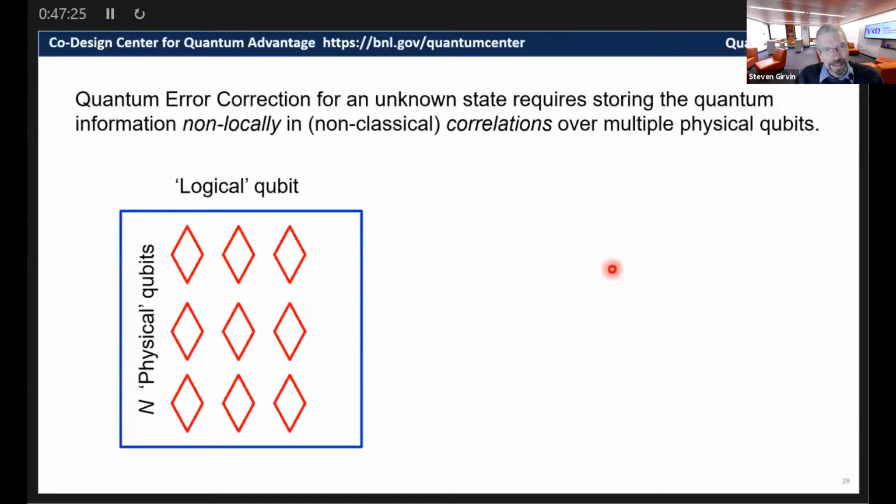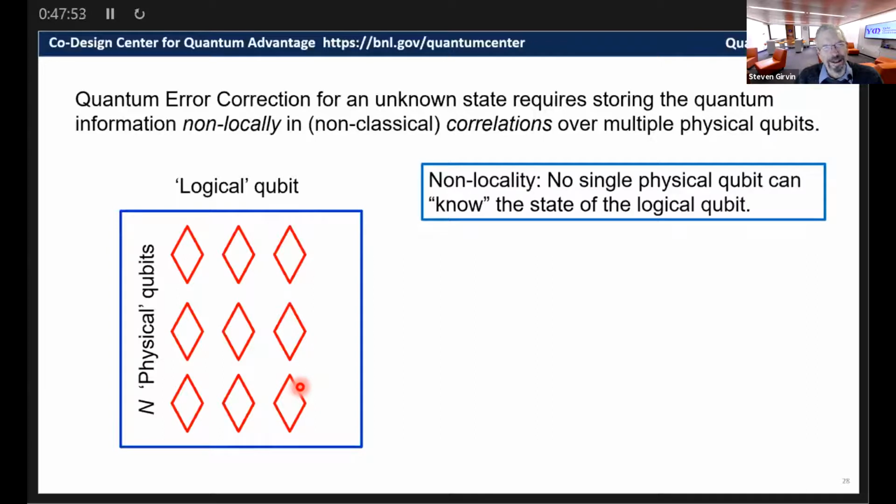The basic idea, just as in classical error correction, is to store the information redundantly in what's called a logical qubit. The information is stored non-locally in entanglements among these qubits. It's spread out over multiple physical systems, so it's hard to find. It's sort of hidden from the noise.